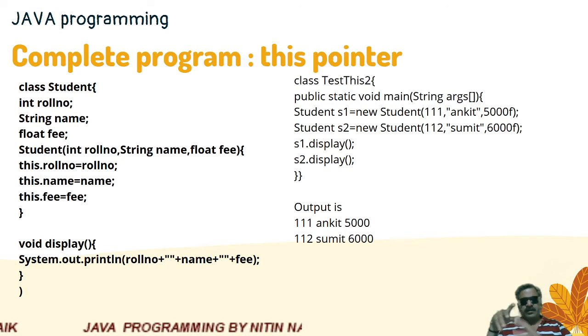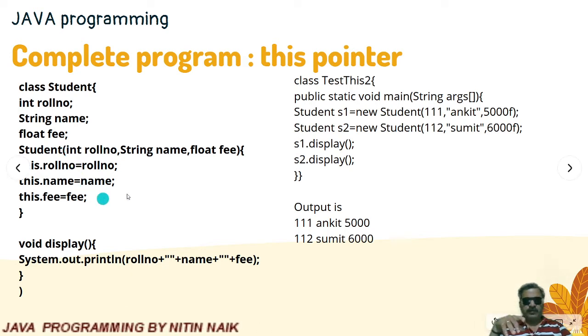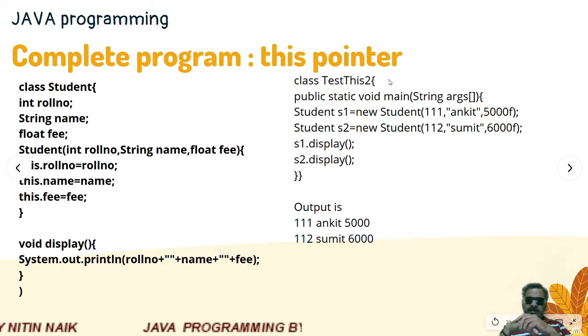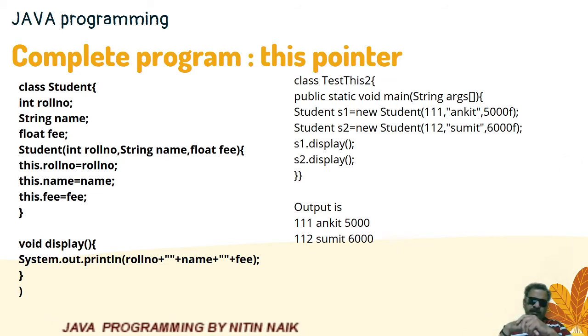So here this is one class, Student. Here there is another class, Test This. My class name is to test this pointer. Public static void main, I think all of you are familiar with this. Now Student s1 is equal to new Student of.